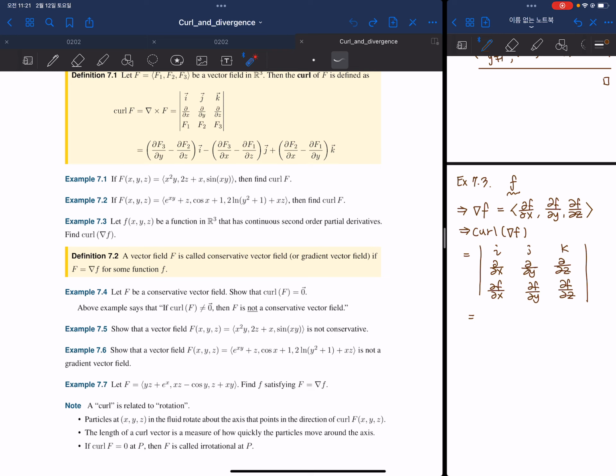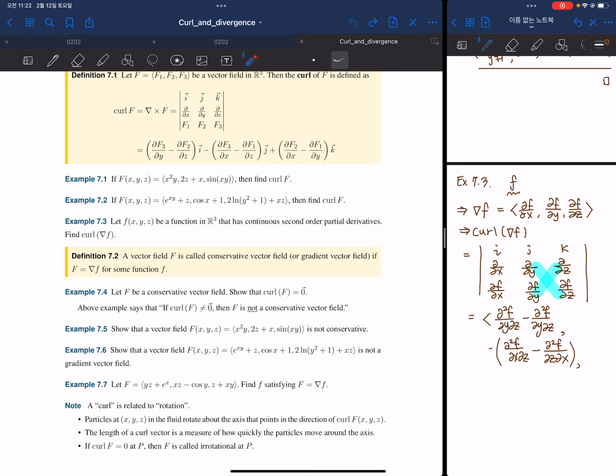Okay, so the first coordinate, if you can see this one, then you can say that it's d squared f dy dz minus d squared f dz dy, okay. And then the second one, we have d squared f, actually we have a minus sign here, but yeah, dx dz minus d squared f dz dx, right?